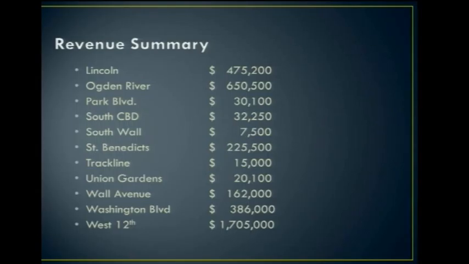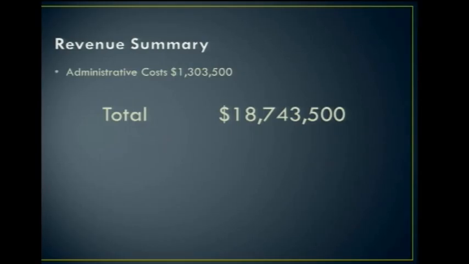That's one of the older ones. And the remaining here as well, West 12th. And then the administrative costs are $1.3 million, and that totals the revenue of 18 and the total budget for the redevelopment agency at $18,743,500.